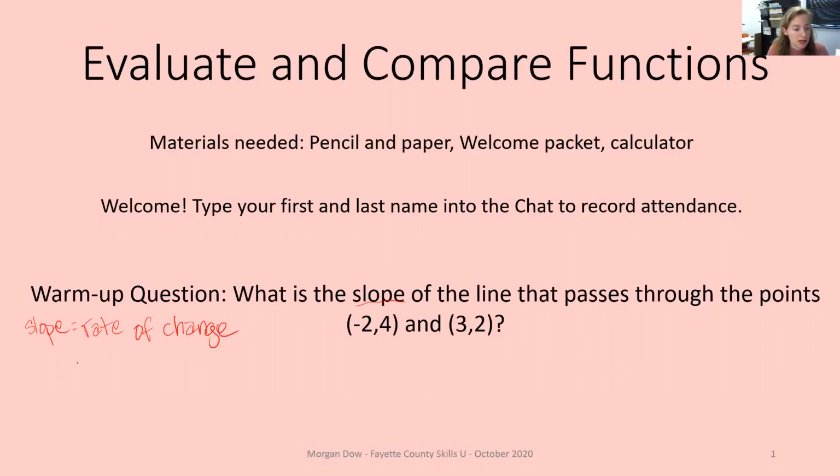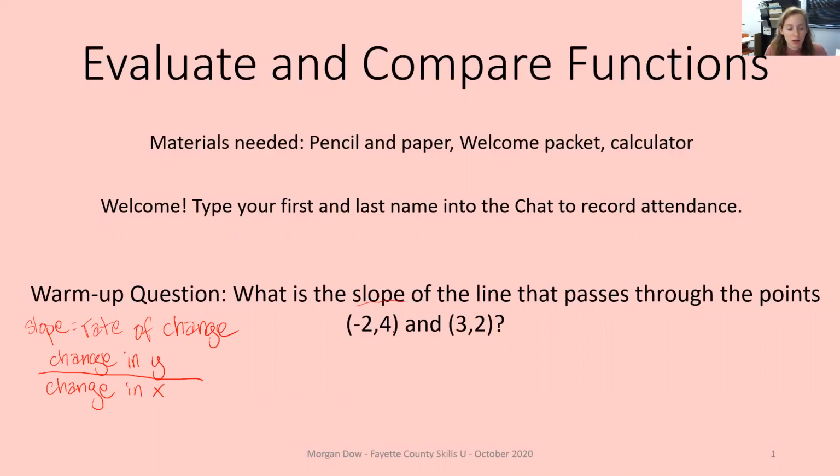And it's a rate of change where we're comparing the change that's happening with our y values or our outputs compared to the change that's happening with our x values or our inputs. So change in y compared to change in x.